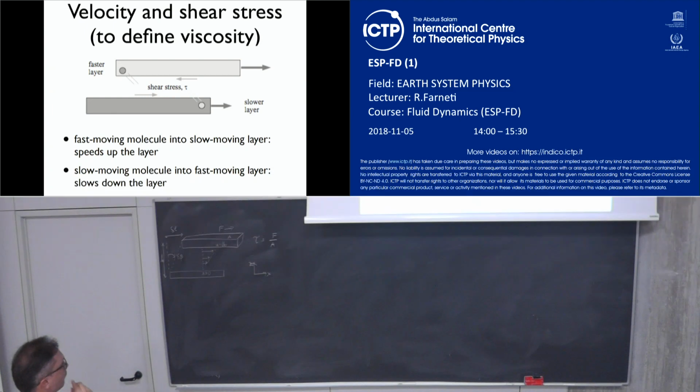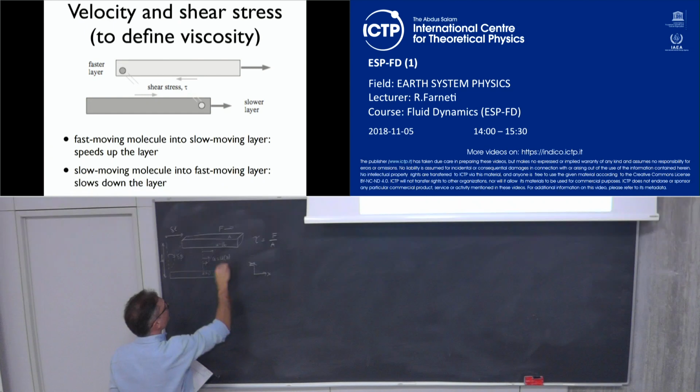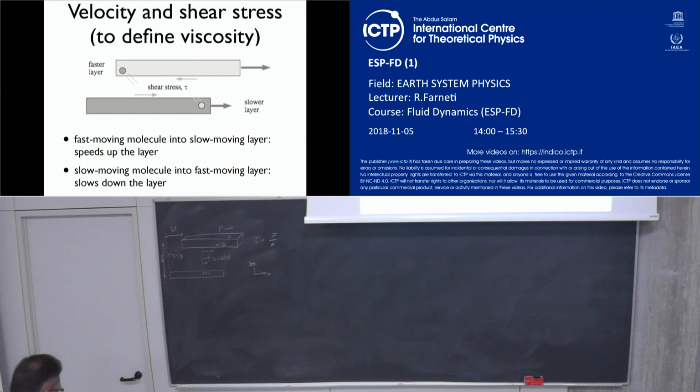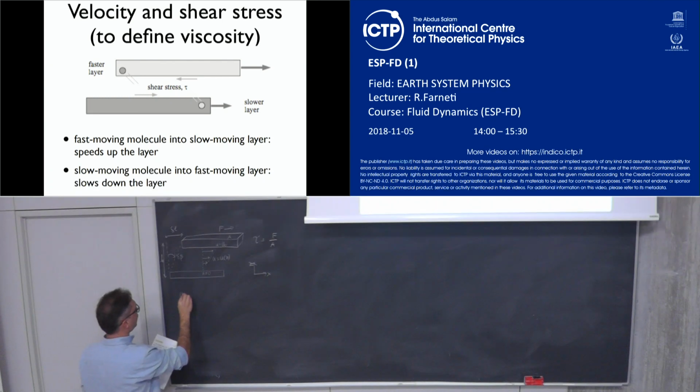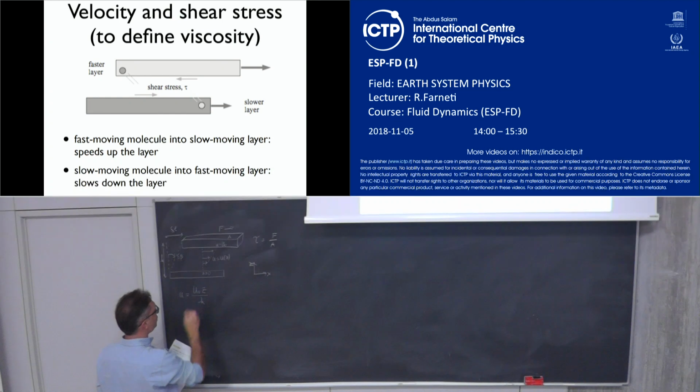Okay, and so the velocity within the fluid is a function of depth. And to make things simpler, it is a linear function of depth. So velocity varies linearly from u naught to 0, so that you can write the velocity as u naught z over h.